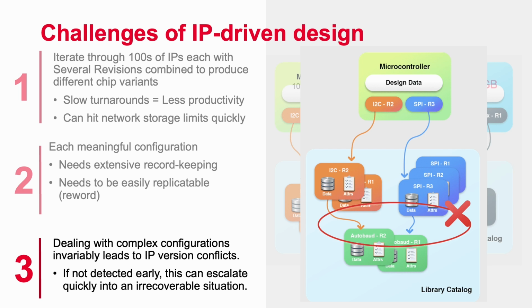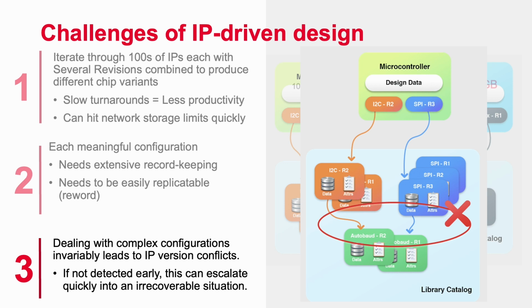And last but not least, with all these complex configurations that you're working with, there's bound to be some IP version conflicts. You would ideally want to run IP reports on what is being used in your design at every different stage, making sure that somewhere it's not being flipped to use the wrong stuff.